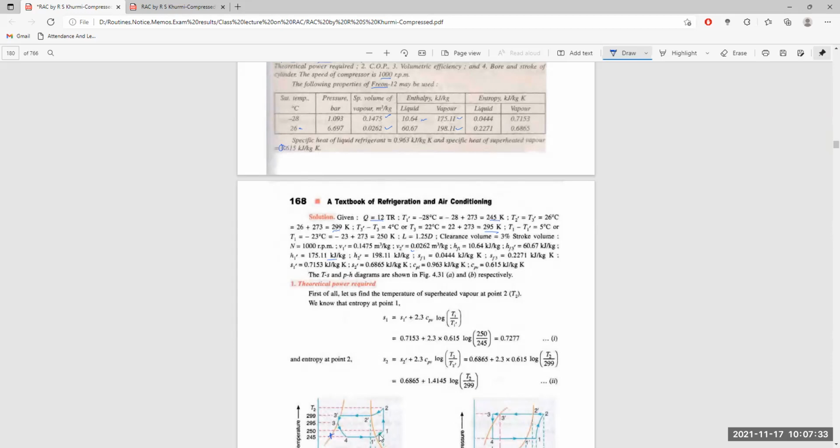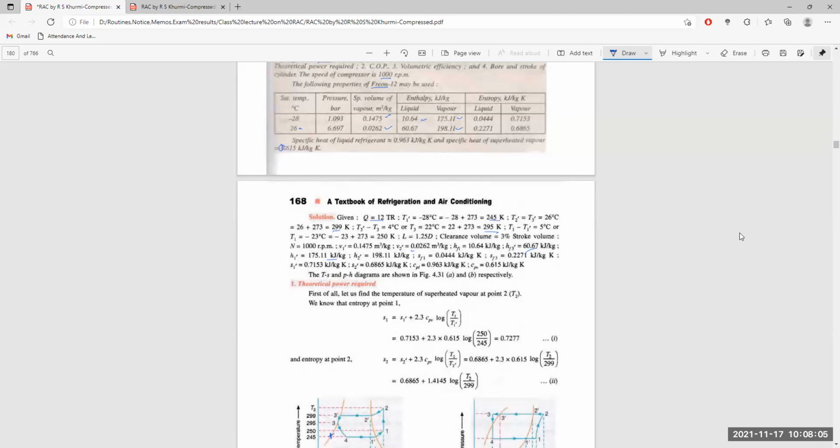SF3, entropy at the point 3 in the fluid state, is given as 2.73. That is the fluid state at high temperature, which is given as 2.71.